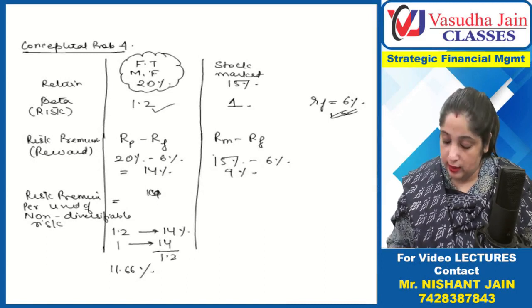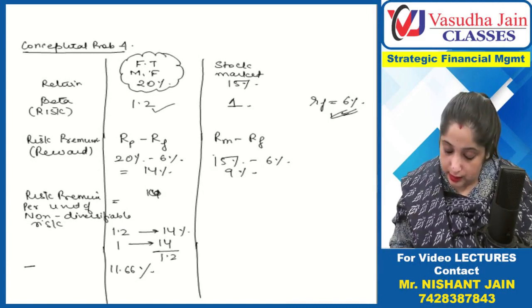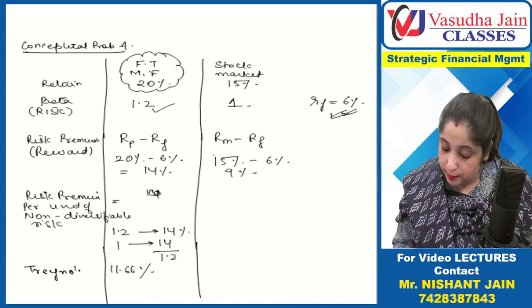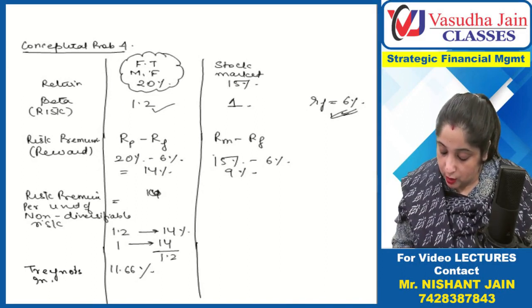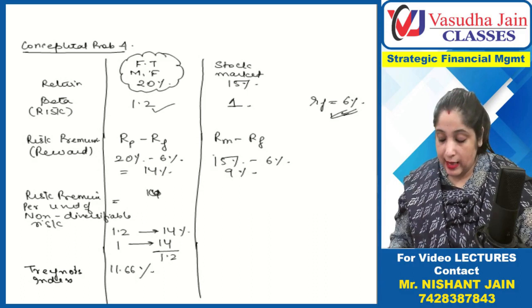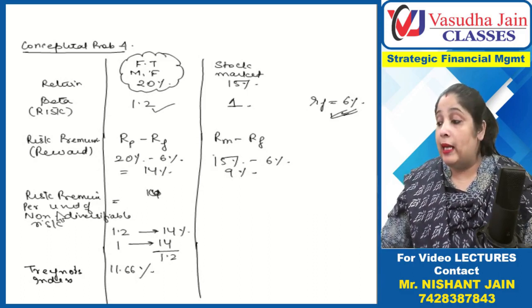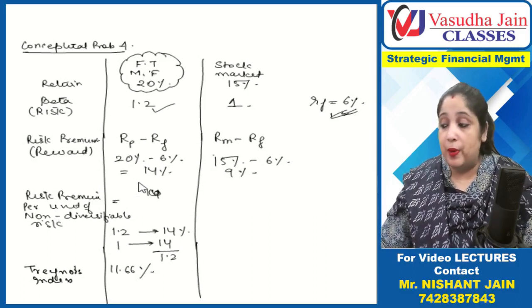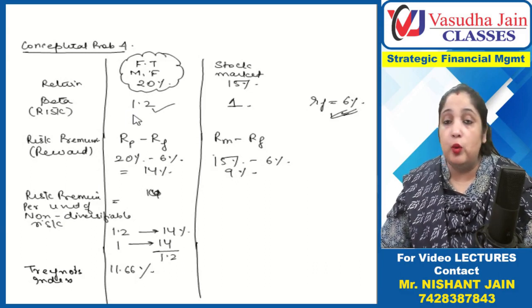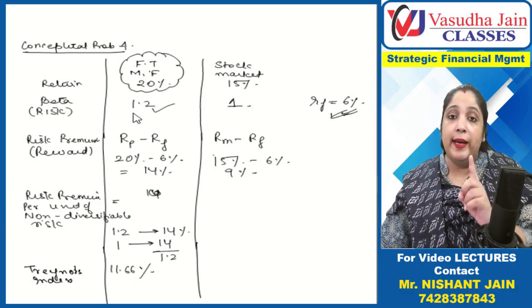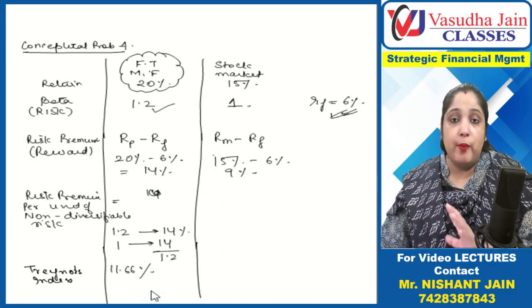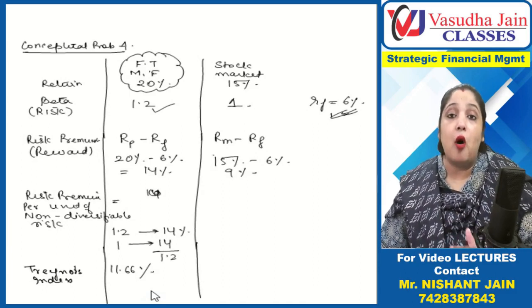This is very important. This is your Treynor's index. What does it mean? Basically, it implies that you are getting an excess return of 14% as reward for bearing 1.2 beta risk. So for 1 beta, you are getting only 11.66% of reward or risk premium.